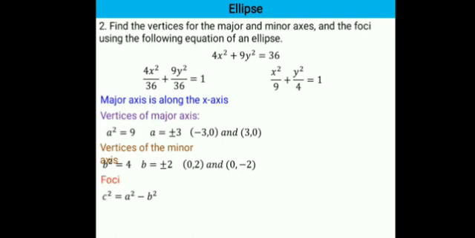Applying the same concept to find c, we have here a squared minus b squared. That is 9 minus 4. That is 5. So that is positive negative square root of 5. Coordinates, that is negative square root of 5, 0 and positive square root of 5, 0.